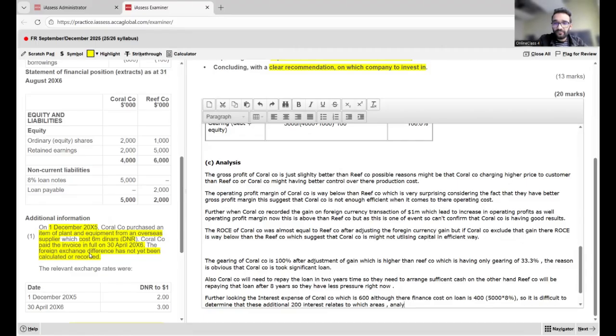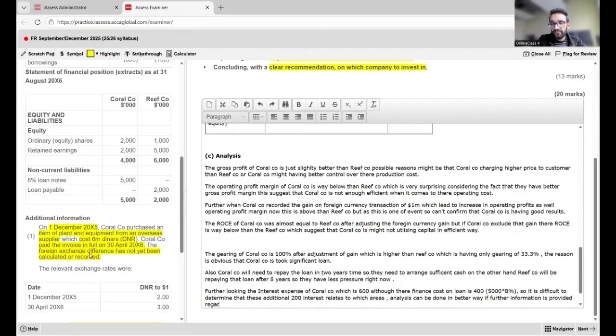Analysis can be done in a better way if further information is provided regarding these areas.